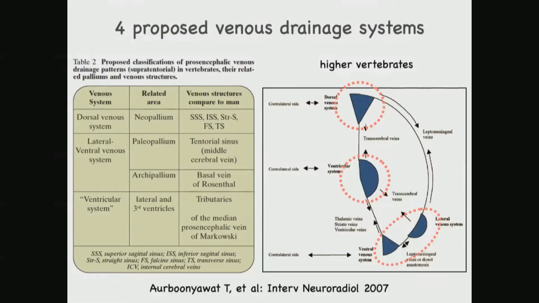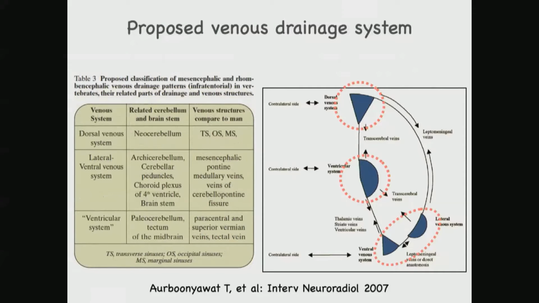It's a future middle cerebral vein related to the paleopallium. And the ventral venous system belongs to the basal vein of Rosenthal, and this is related to the archipallium in humans.